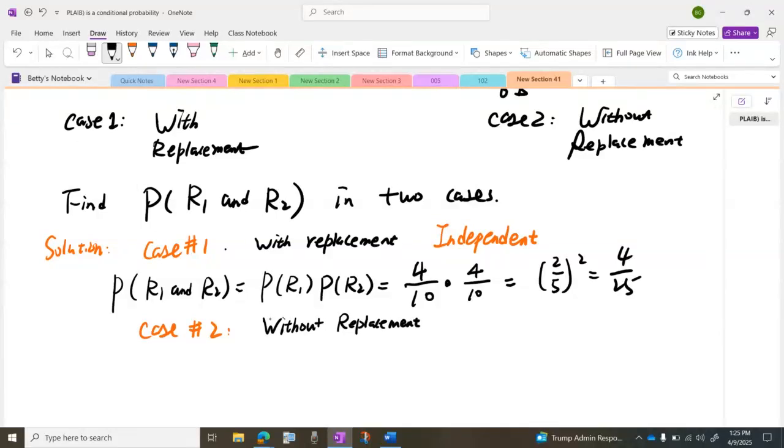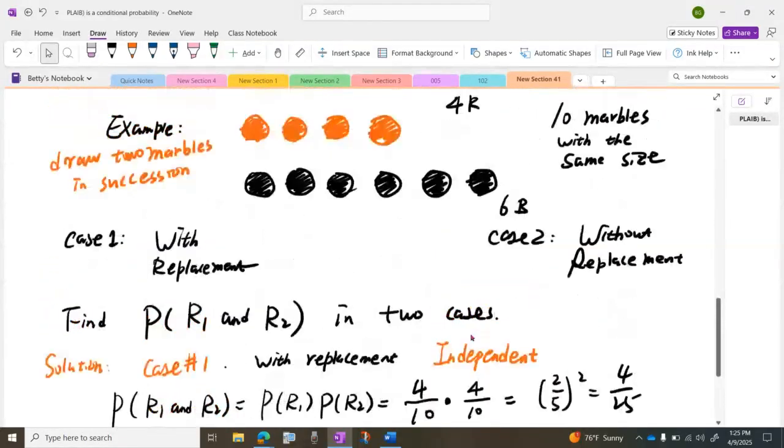And we want to find the probability of R1 and R2. Since the probability involves R1 and R2, we need to know, are the two events dependent or independent in this case? Would the first time getting a red color or not affect in any way the chance of getting a red color the second time?